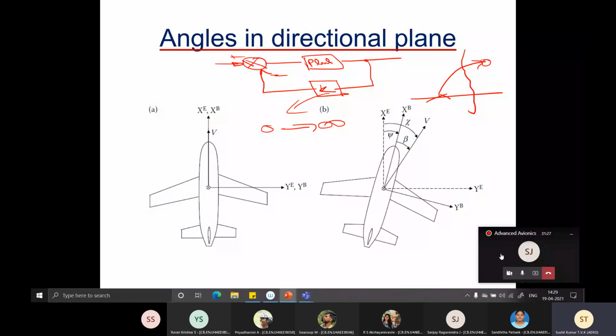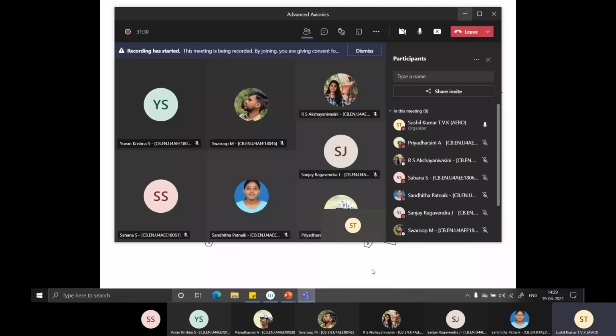Sandhita, in your own words, tell me what is root locus? Sir, just seeing how the roots of the system will change. When will it change? Which poles will change? Open loop or closed loop?